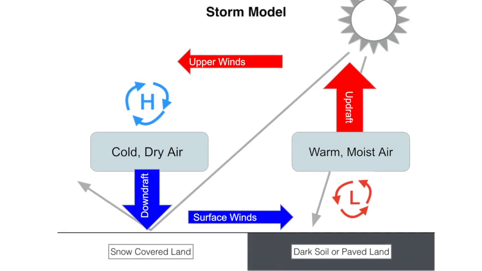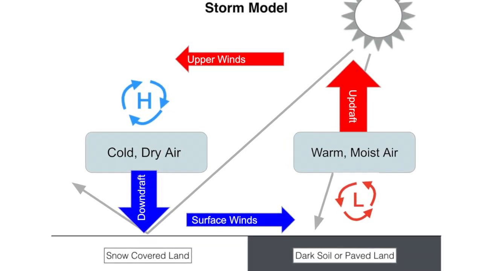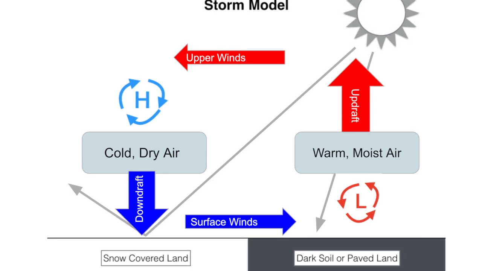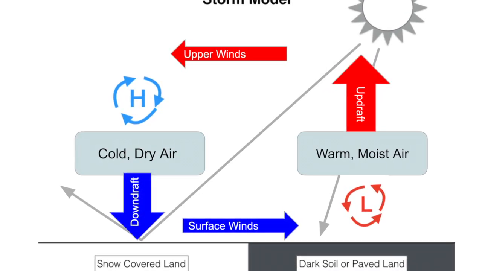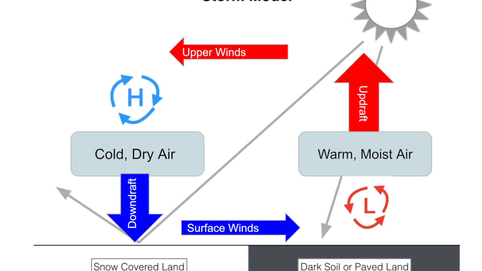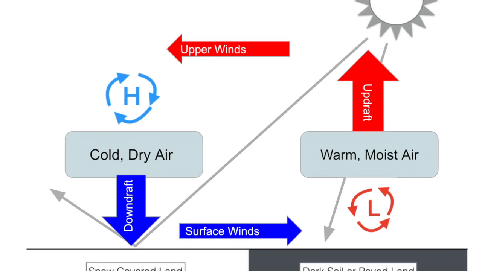Once again, if we look at those storm models, the warm air rising, going up into the atmosphere, creates areas of low pressure, and then when it gets shifted over and comes down as cold air, it creates areas of high pressure. That's scientific principle number 7, or step number 7 in forming a storm.